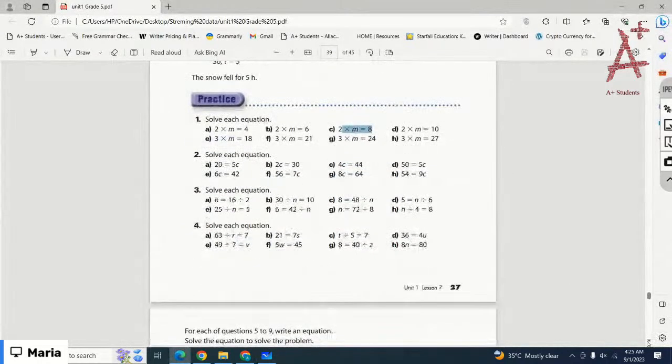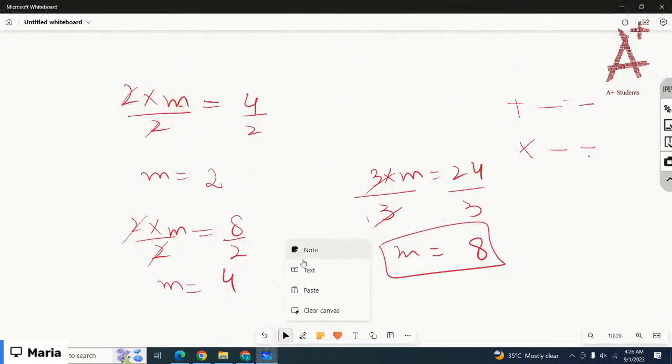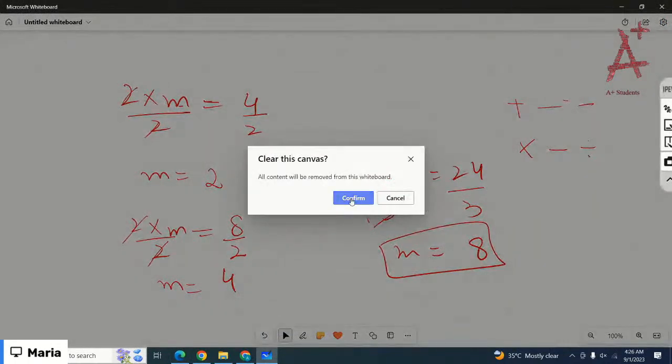Okay, let's just start with question number 2. Solve each equation. 20 equals 5c.